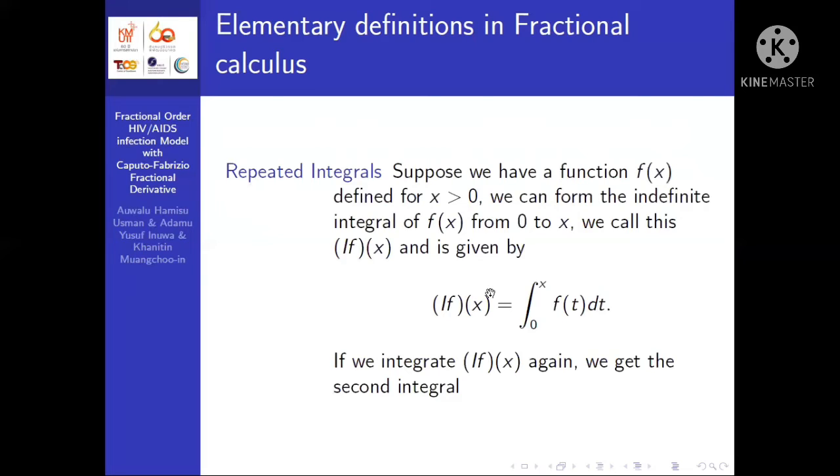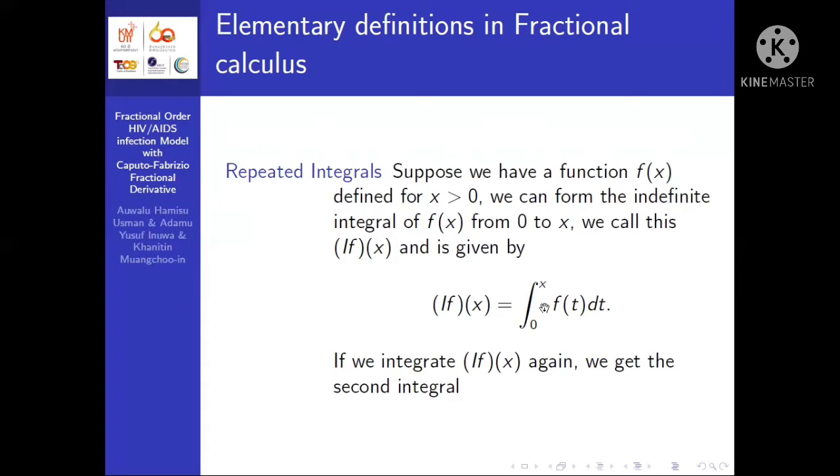Repeated integral. Here, when we have a function defined in a certain interval from 0 to x, we call this the indefinite integral, which is defined by this.